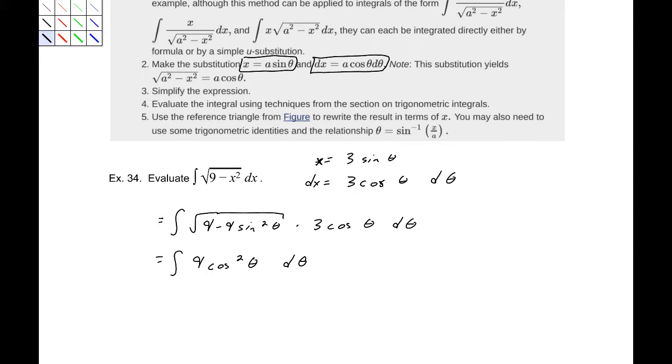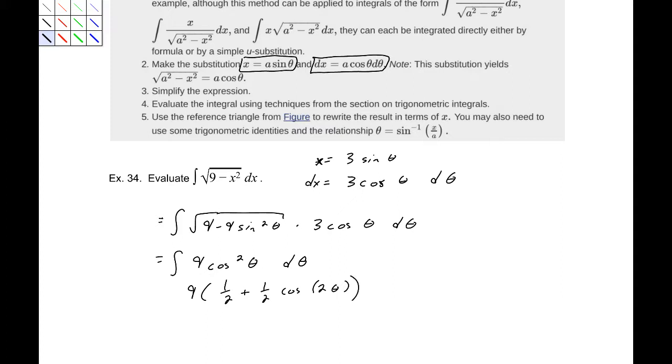Now we can use our half angle or double angle identities with this. So that cosine squared becomes 1 plus, so 9 times 1/2 plus 1/2 cosine 2 theta.